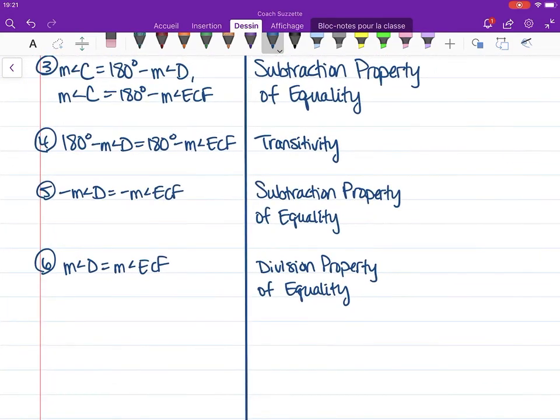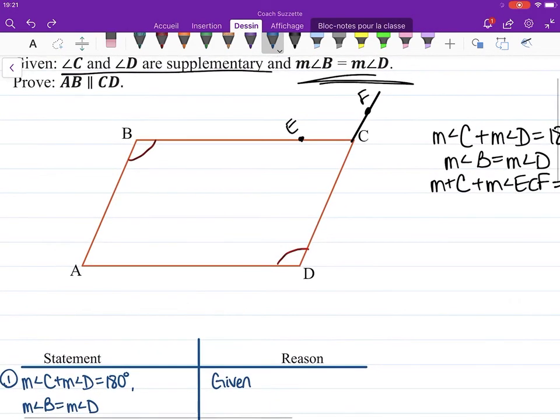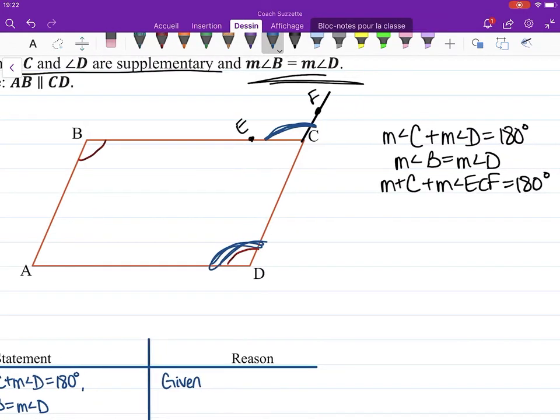Okay, so these are equivalent. Where is that in our diagram? That means this angle and this angle are equivalent. But based on them giving us this, that means that this angle and this angle are also equivalent. Those are alternate interior angles.